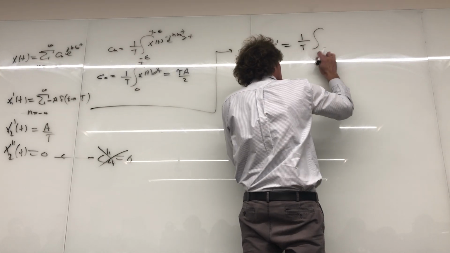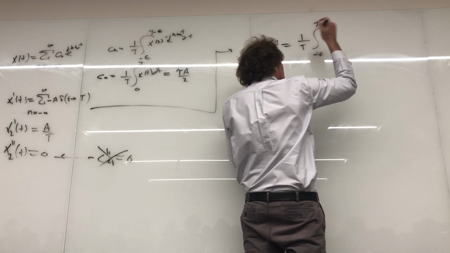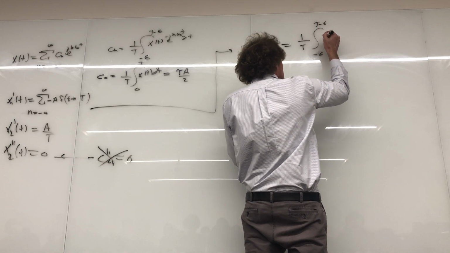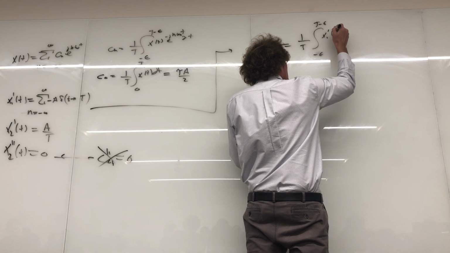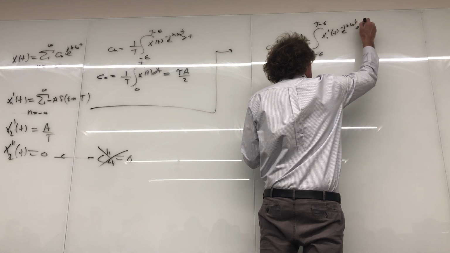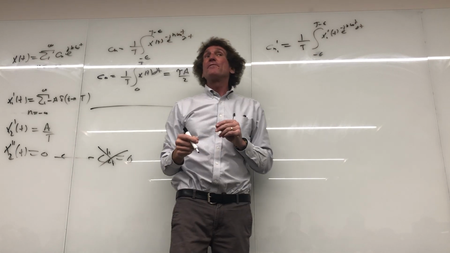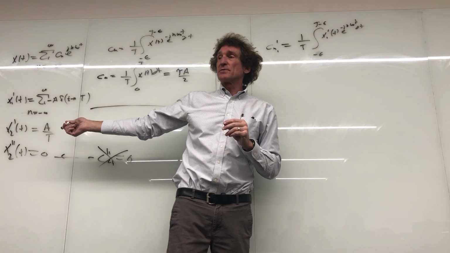I'm not going to go from 0, I'm going to go from minus epsilon to T minus epsilon, where epsilon is very small. And then it's going to be of x1 prime of t times e to the minus j n omega naught t dt. Now what that is doing is getting the Fourier coefficients for a Fourier series representing those delta functions.